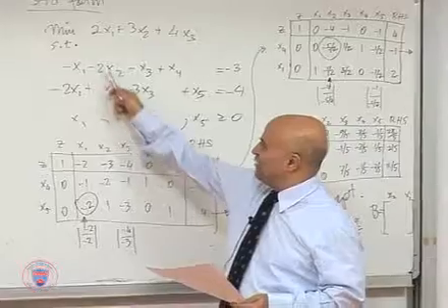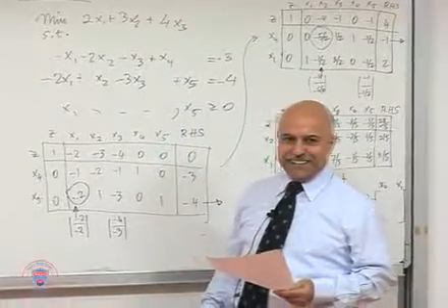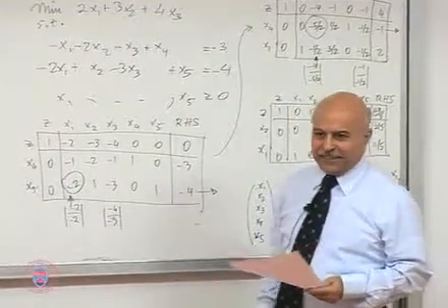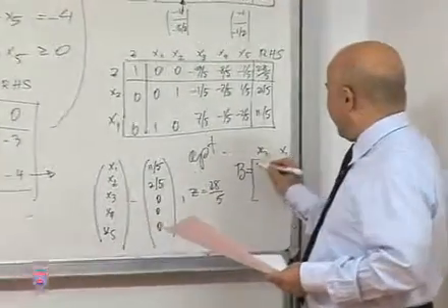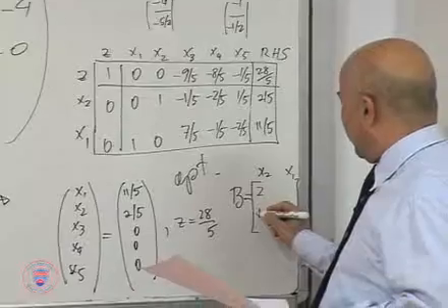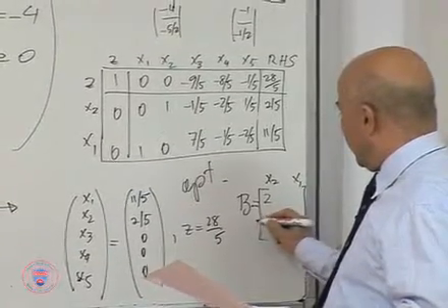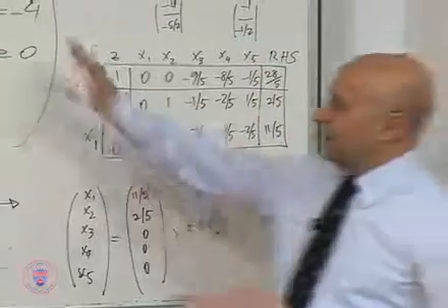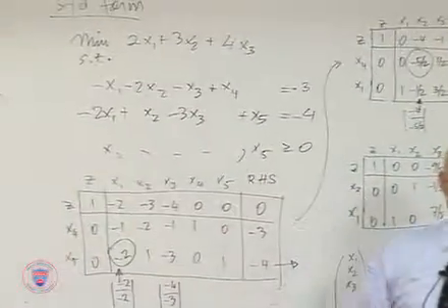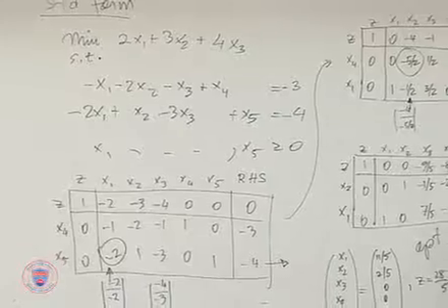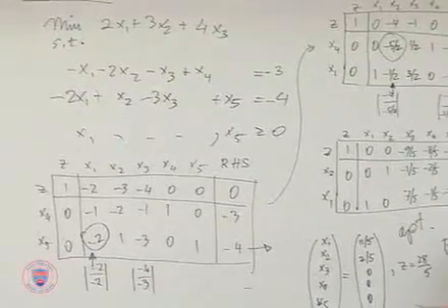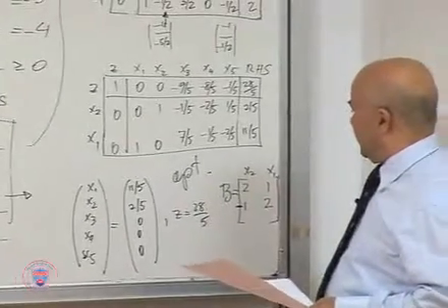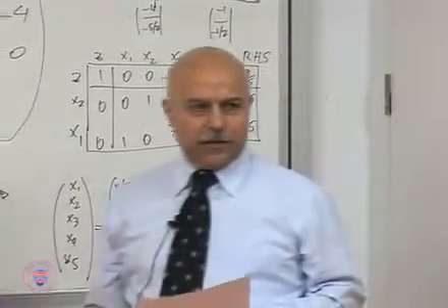Is it this one or is it 2 minus 1? 2 minus 1. The original problem data is the data in the standard form, okay? And what about x1? So 1 and 2. Okay? That's supposed to be the case.